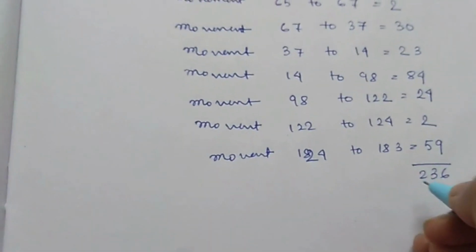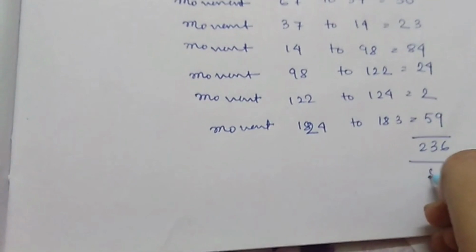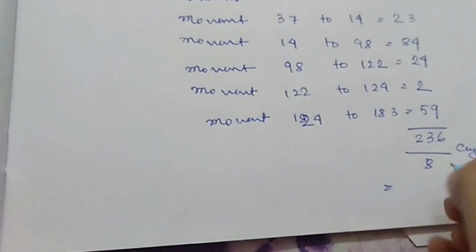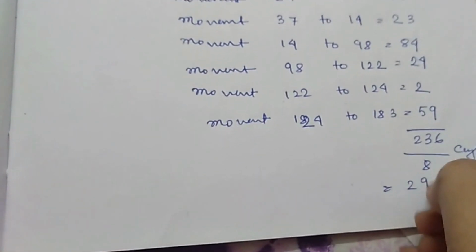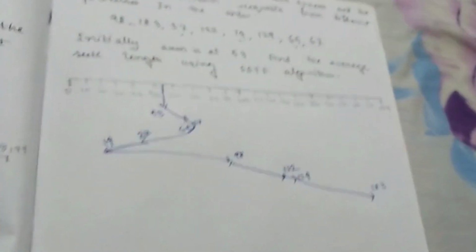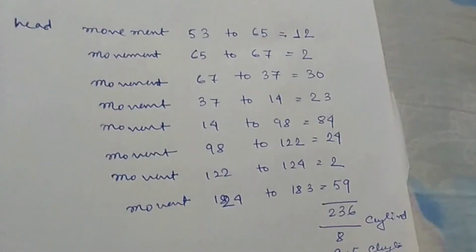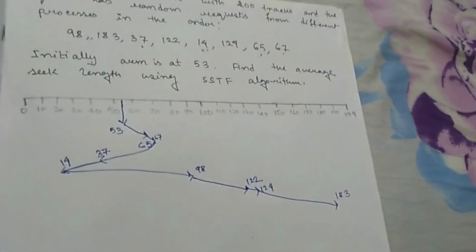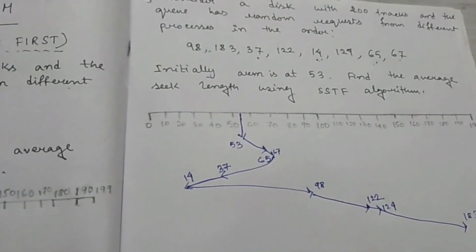That's why we divide the total head movement by 8 and the value is 29.5. So the average seek length using SSTF is 29.5. Up to this we cover the SSTF algorithm. Okay, thank you.